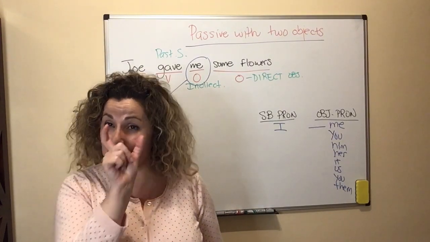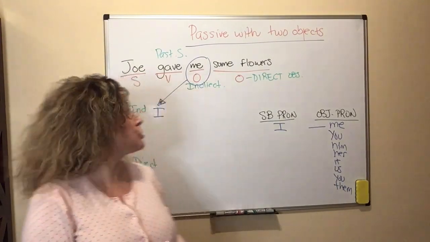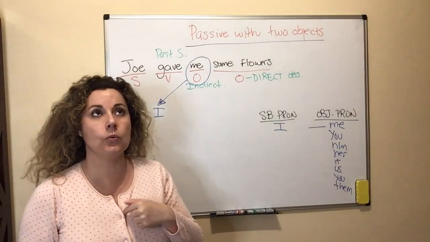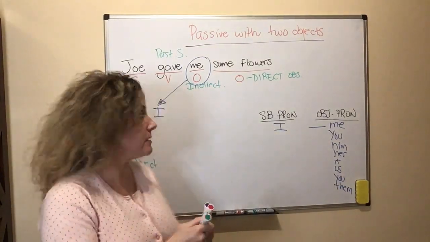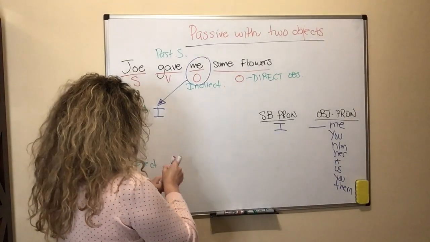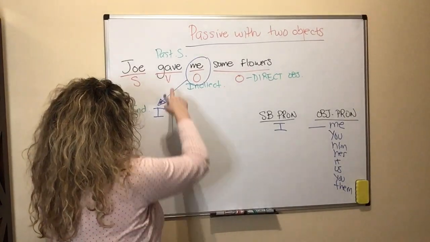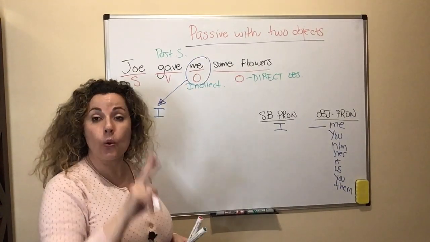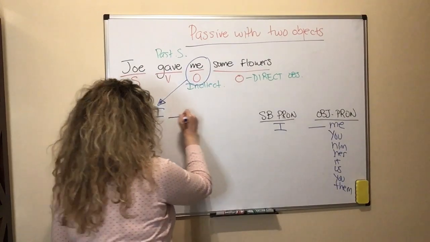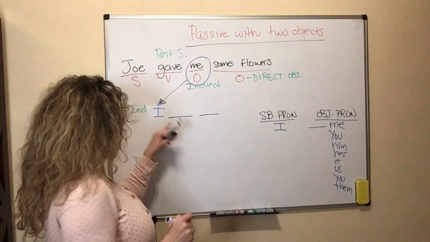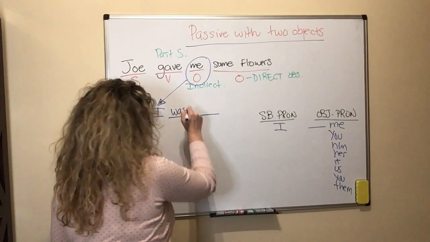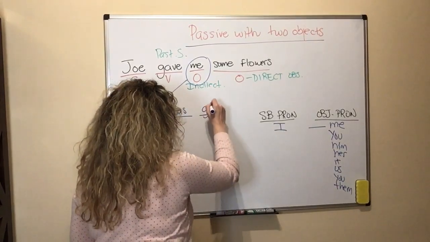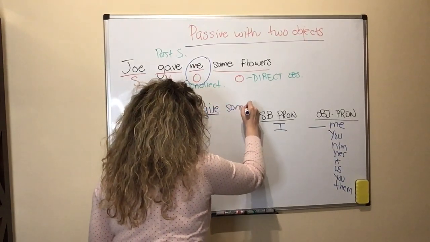Because passive, remember, be plus past participle. So, I was. And remember, as we only have one word in the active, we need two in the passive. So, I was plus the past participle given some flowers.